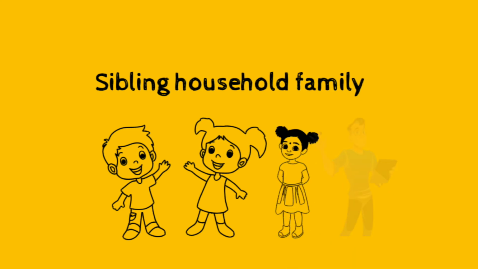Sibling household, as the name suggests, consists of siblings. There's usually an elder sibling that is in charge, right? Whether it be an elder brother or an elder sister, they are usually the ones that are in charge, and the rest of the family members usually look up to them to make decisions on behalf of the family because there's no parent in that family.